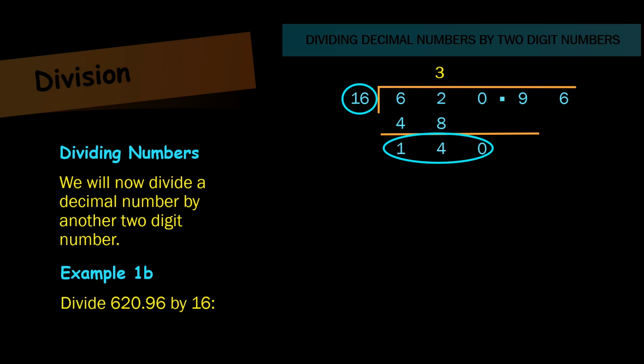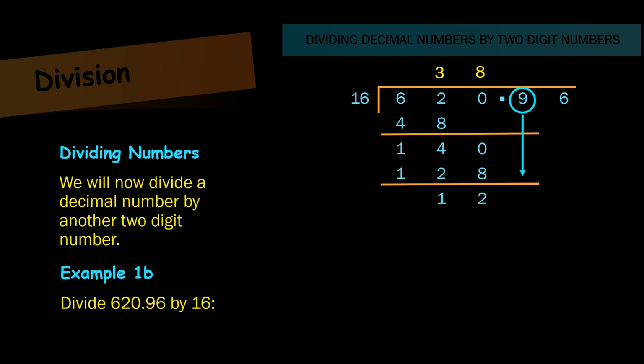There are 8 16s in 140, so position the 8 here. 8 times 16 is 128. Position the 128 here, as shown, and subtract 128 from 140 to give 12. Bring the 9 down and position it here, as shown.